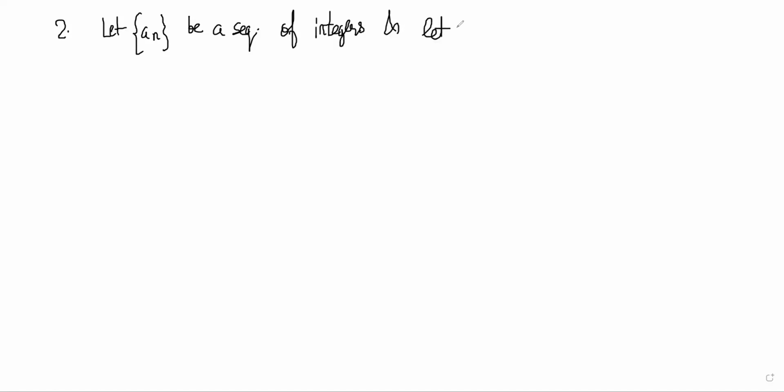Let's look at another definition. Let a_n be a sequence of integers and let m be some chosen positive integer greater than 1.